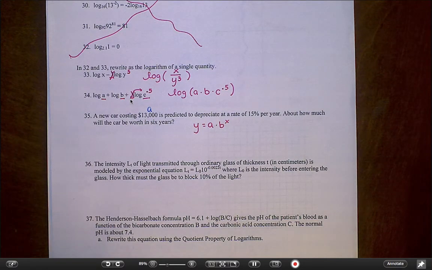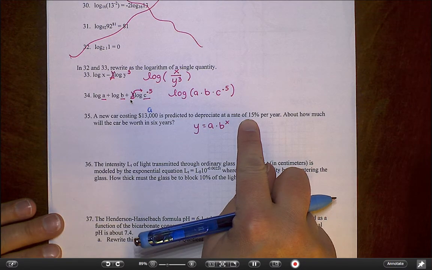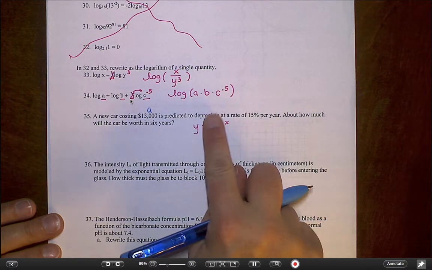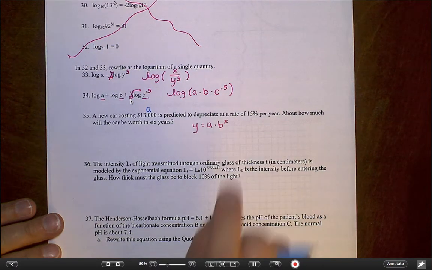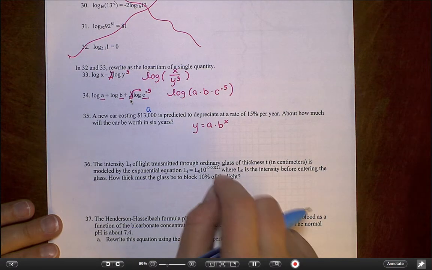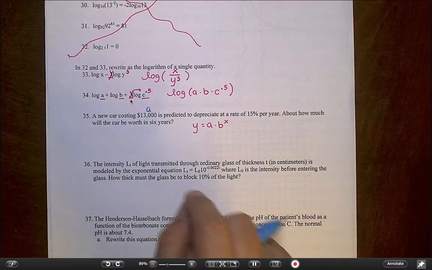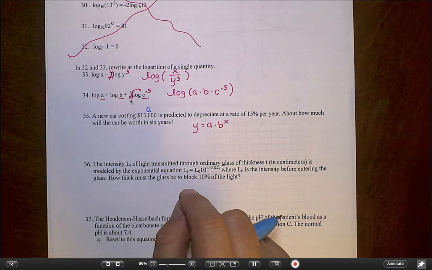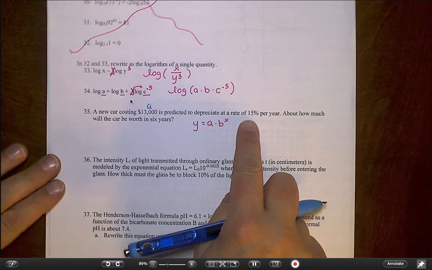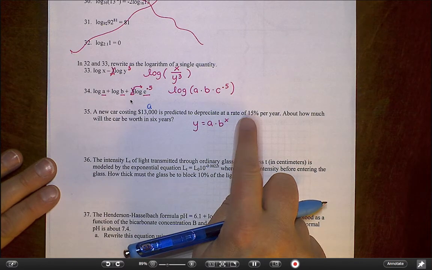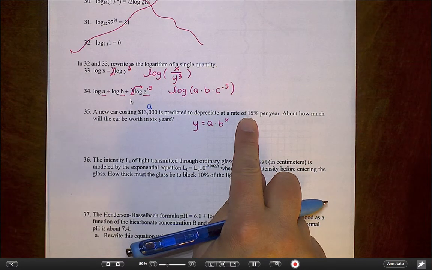The b is your growth factor. In this case, it's a depreciation factor. But here's what you need to be careful about. You need to be thinking about what would you multiply by to find the value the next year. If you multiply by 0.15, which is what a lot of people want to do here, you're really finding what value you're losing.